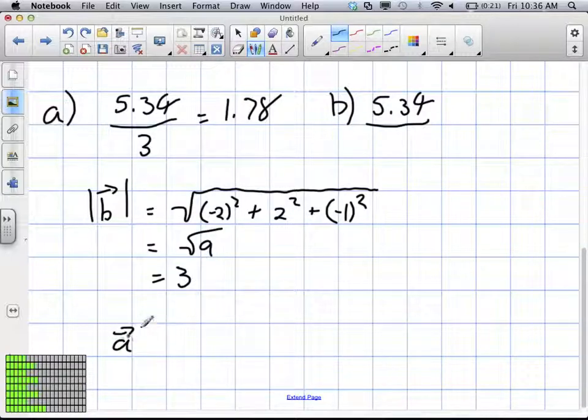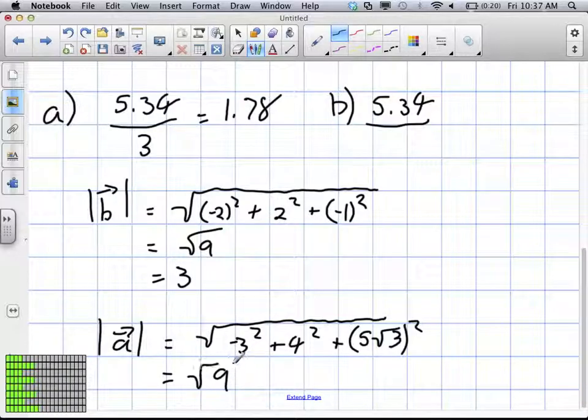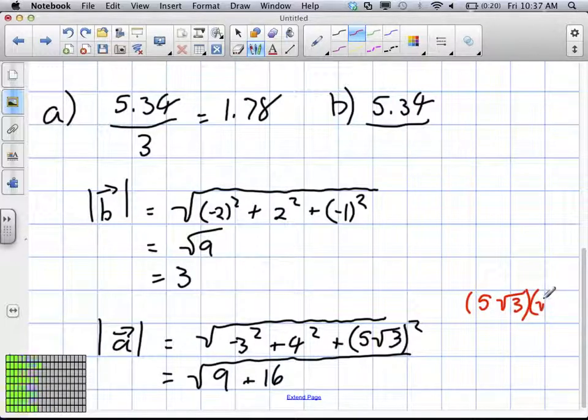Our second case, absolute value, or the magnitude of A. We're going to write down A is negative 3 squared plus 4 squared plus 5 root 3 squared. Okay. Negative 3 squared is going to give us 9. 4 squared is going to give us 16. And when we square this, I want you to think of it like it's the base multiplied by itself. So when we do this, it's a 5 root 3. Okay.